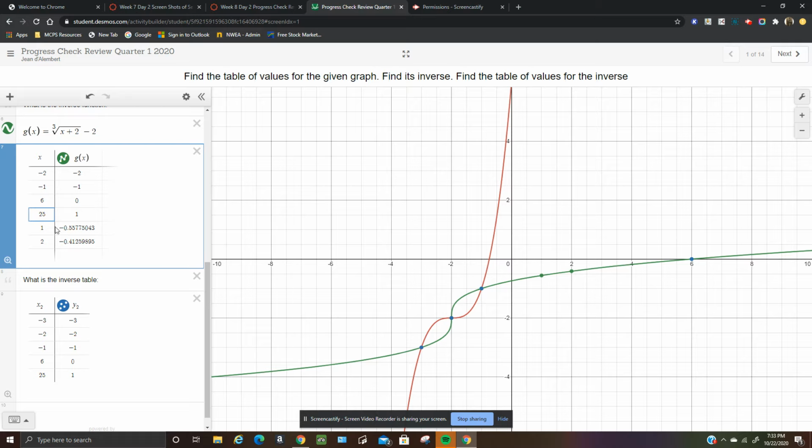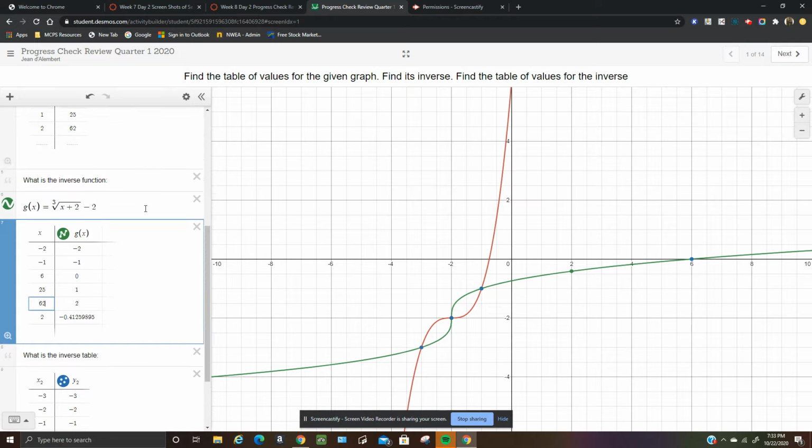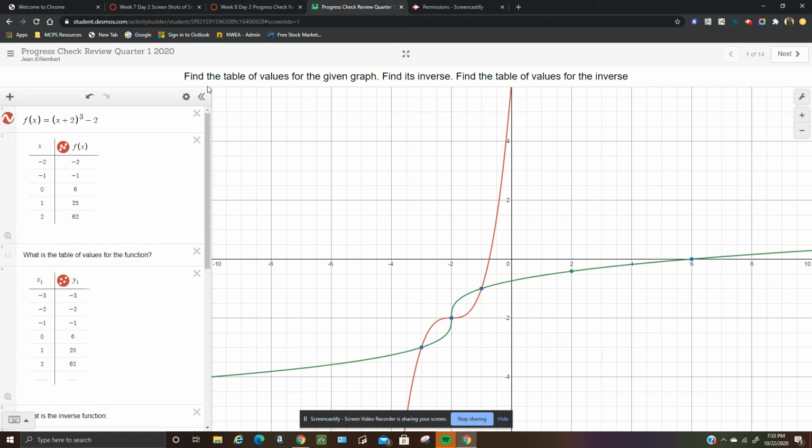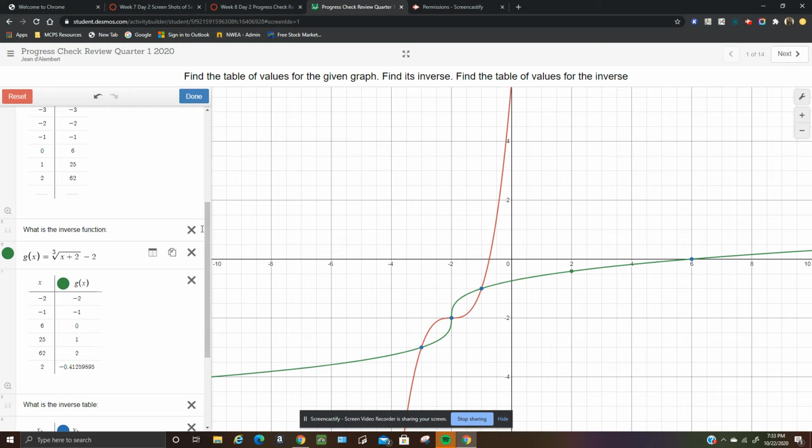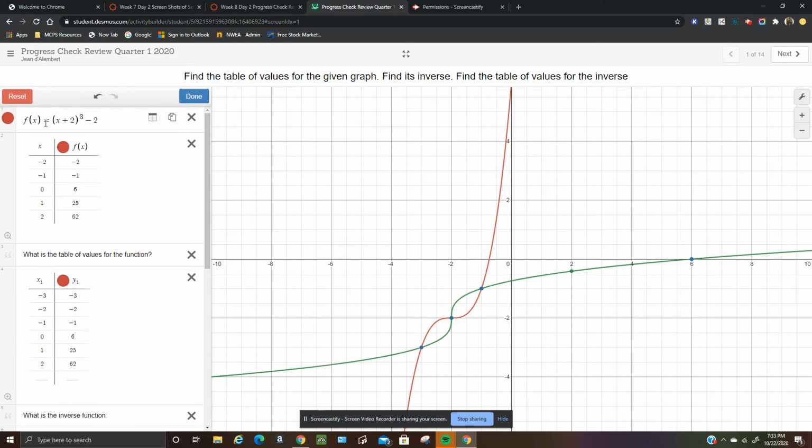Get a 1. 62 should get a 2. All right, so an easy way to get the table, go here, and then next to whatever function I have, just convert it to a table.